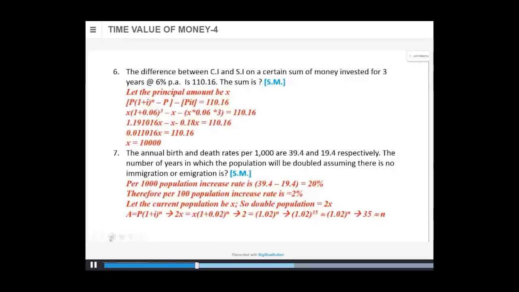1.02 into 2, 3, 4, 5, 6, 7, 8, 9, 10, 11, 12, 13, 14, 15, 16, 17, 18, 19, 20, 21, 22, 23, 24, 25, 26, 27, 28, 29, 30, 31, 32, 33, 34, 35. 35 comes to 1.999, that is 2.